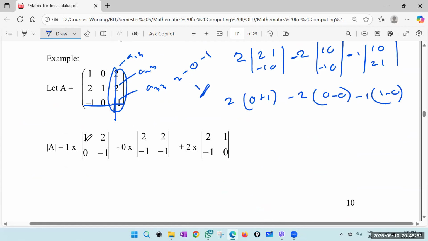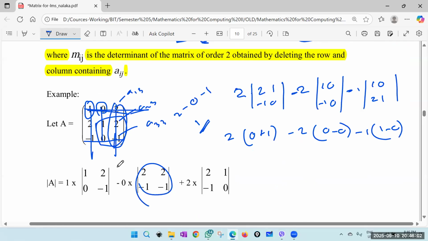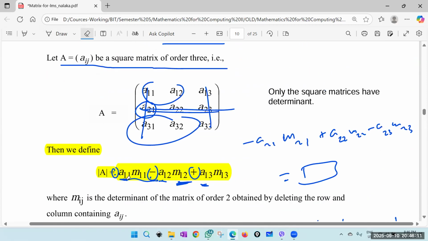When we are interested in this one, we delete those and find the determinant of this. Then we delete this and find the determinant of this. It's the same thing we are doing. There we also use the same definition: remember the plus-minus rule, if the summation is odd it is negative, if the summation is even it is positive.